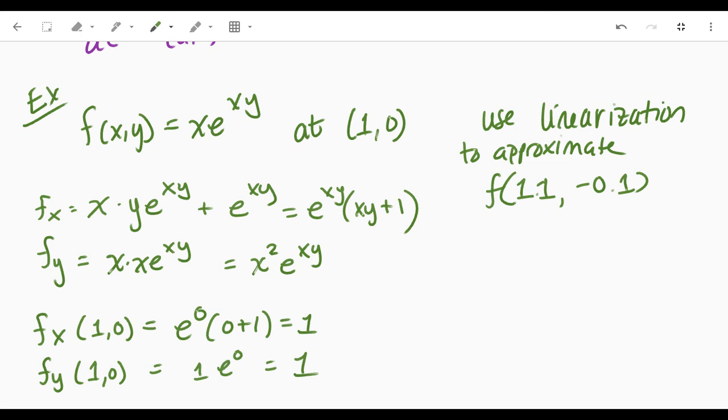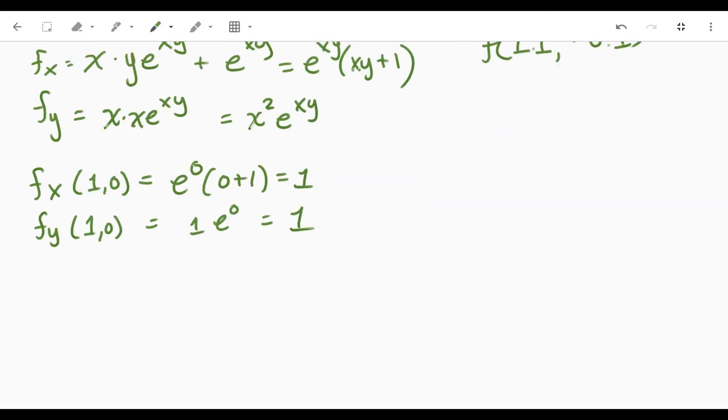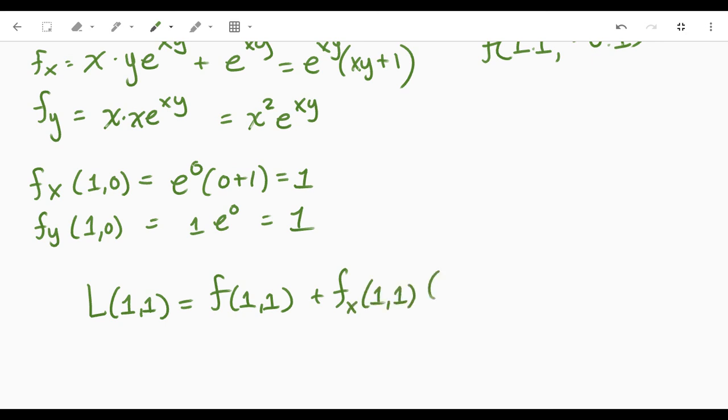Okay, so our linearization will be f of (1, 1) plus the partial at (1, 1) times x minus 1 plus the partial at (1, 1) times y minus 1. Okay, no, I'm sorry, it's at (1, 0). Let me change those second ones to zeros.